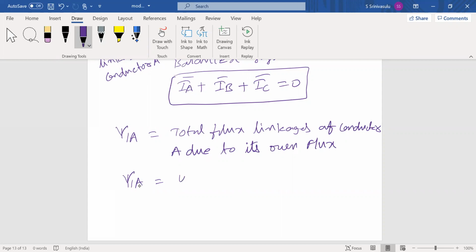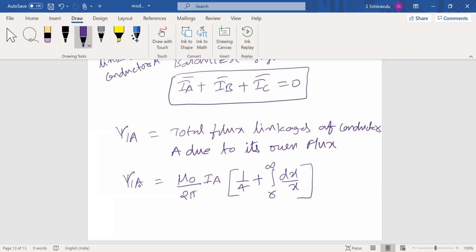According to that, I can write mu naught by 2 pi. The current flowing in the conductor is IA: mu naught by 2 pi into IA into 1 by 4 plus integration R to infinity dx by x. This is the formula already derived in the previous section.